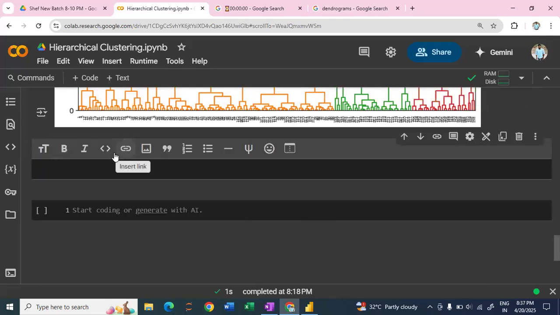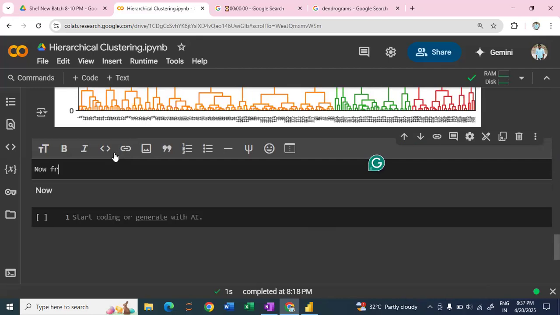So in k-means clustering, we also found three clusters, right? If you guys remember. Above in the dendrogram, we found three optimal clusters.